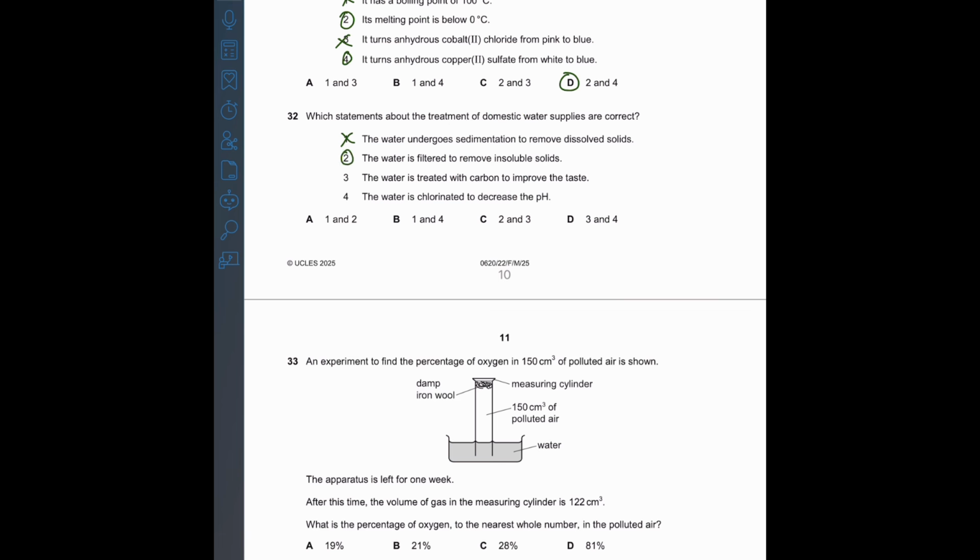So 2 is right. 3. The water is treated with carbon to improve the taste. Yes, carbon is used in the treatment to improve the taste. Carbon removes the bad odor from the water. 4th, the water is chlorinated to decrease the pH. No, we use chlorine to kill the bacteria. So 4 is wrong. So the answer is 2 and 3, which means it's C.